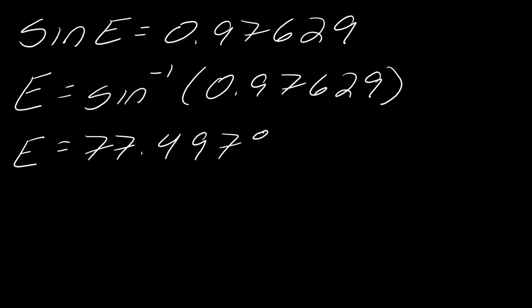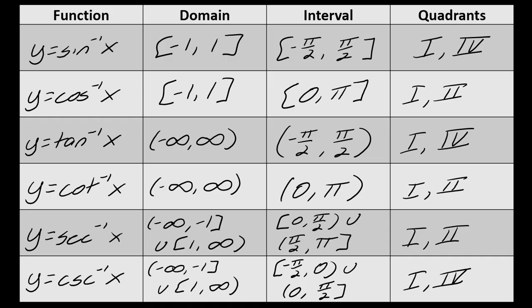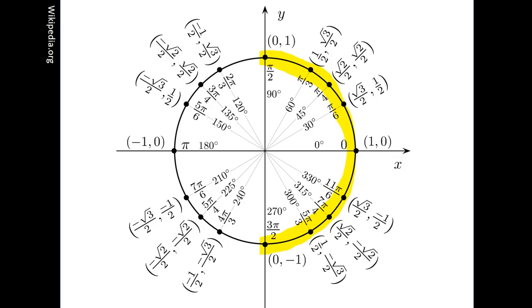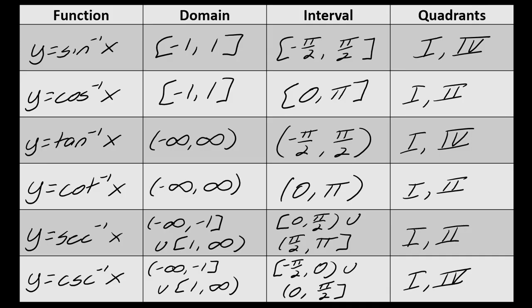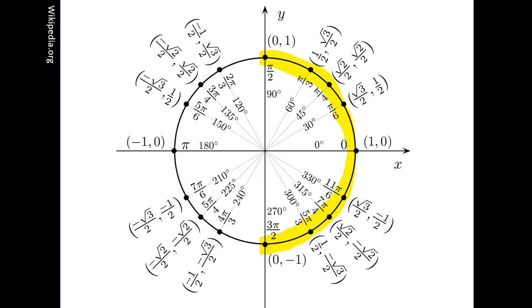I just want to clear this up because this might get a little confusing. You might be thinking, inverse sine, so I've got to think about what intervals we're on, and I'm only supposed to be in this part of the unit circle. When you plug this into your calculator, it's referencing information about which quadrants you're supposed to be in.